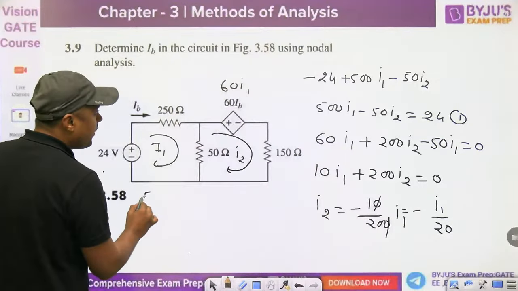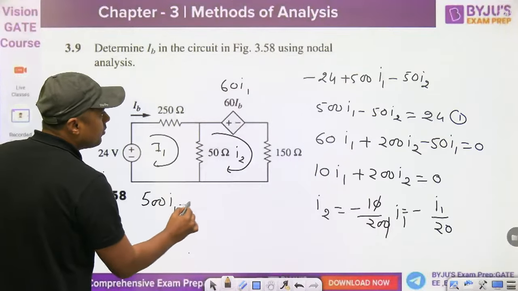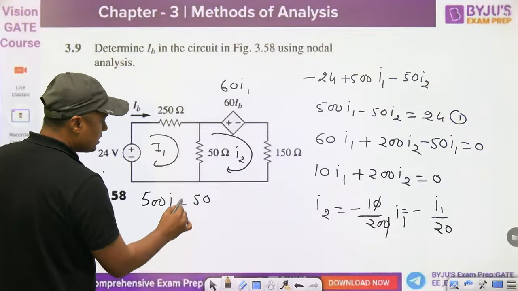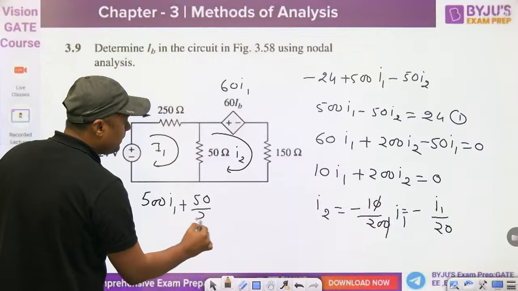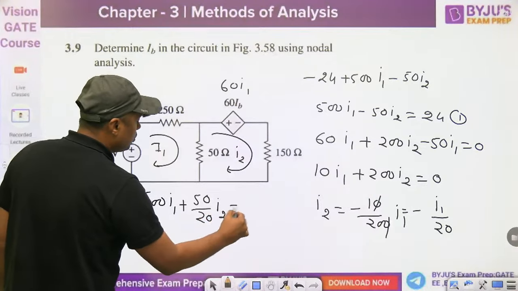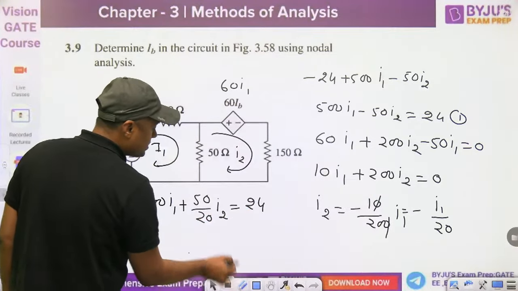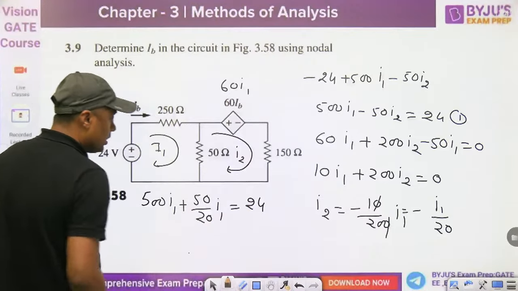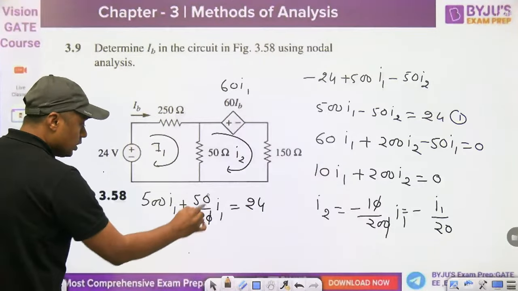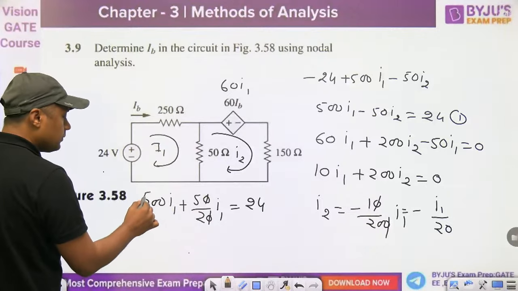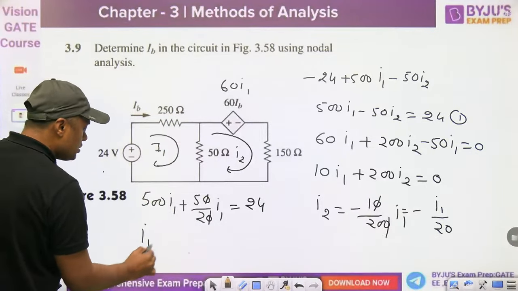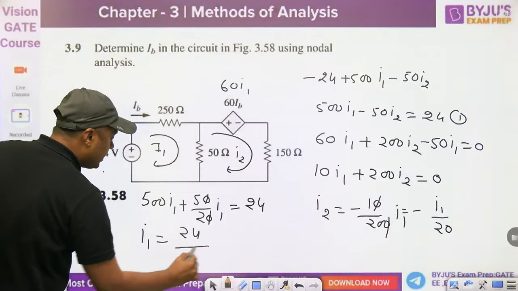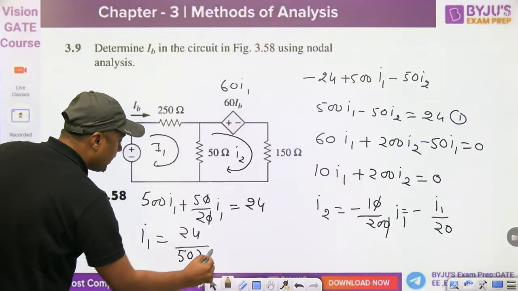So it will become 500 I1 minus 50, minus plus, it will become plus I1 by 20 I2 is equal to 24. This is the replaced I1. Now this is 2.5, 500, 2.5. So I1 is equal to 24 divided by 502.5.